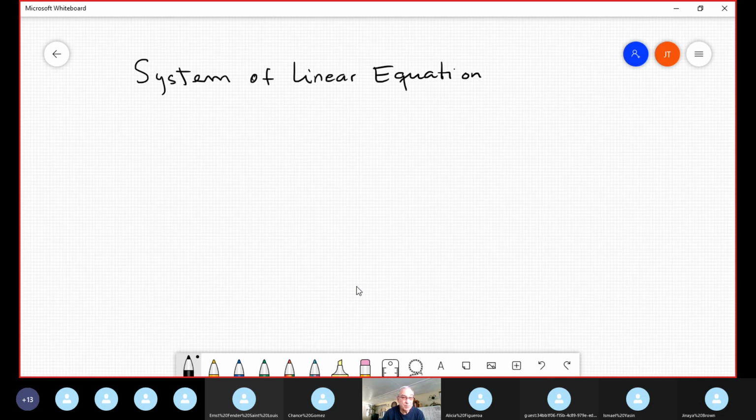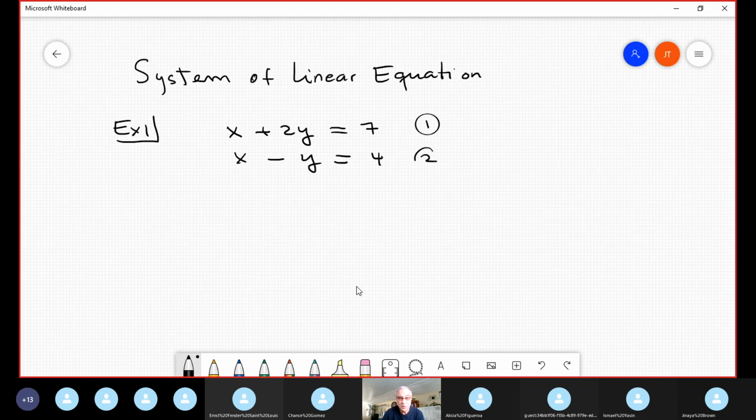Let me start first with 2 variables. Example 1, super easy. x plus 2y equals 7, this is equation number 1. x minus y equals 4, equation number 2. In this example, it's obvious that the best way is using substitution. How do you know that?